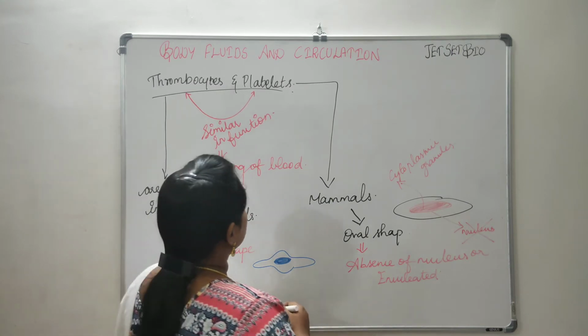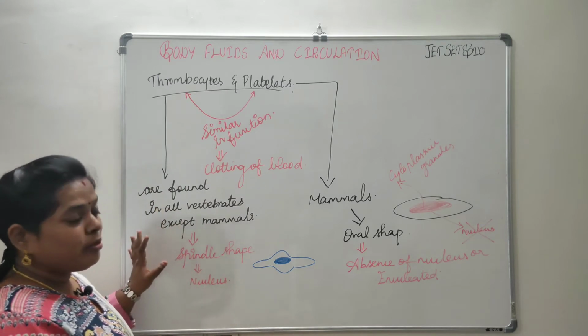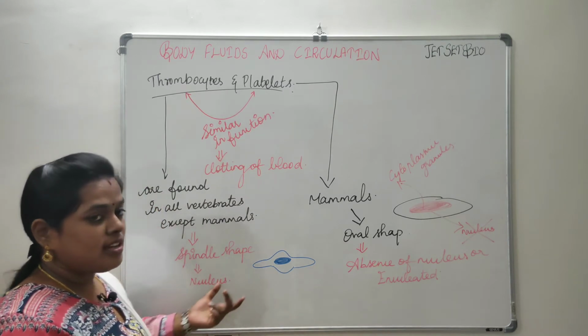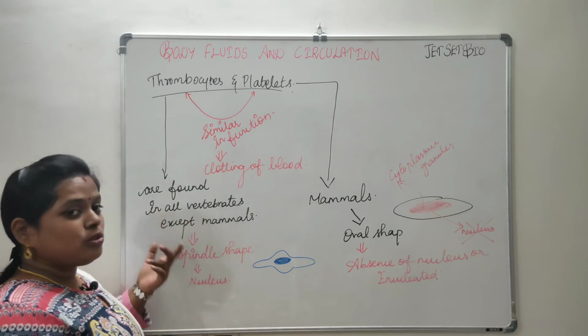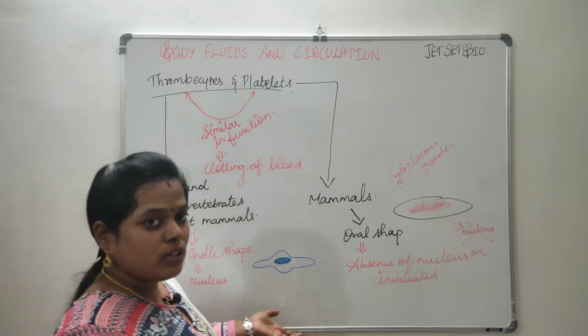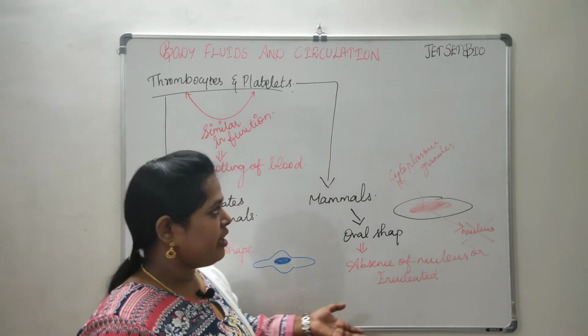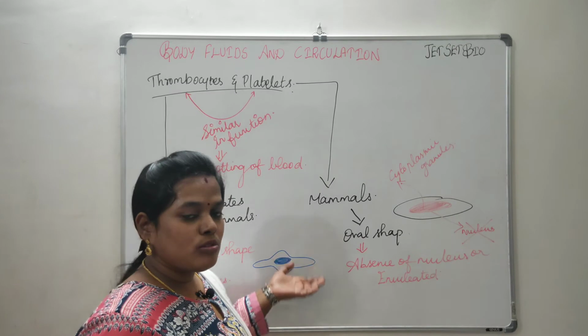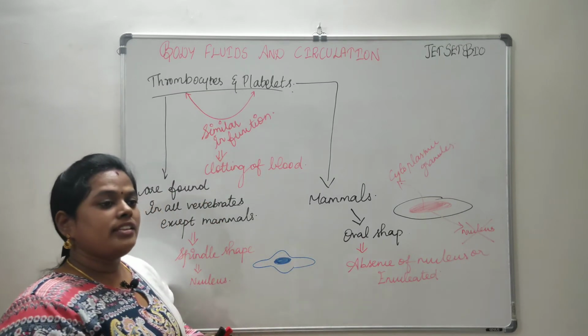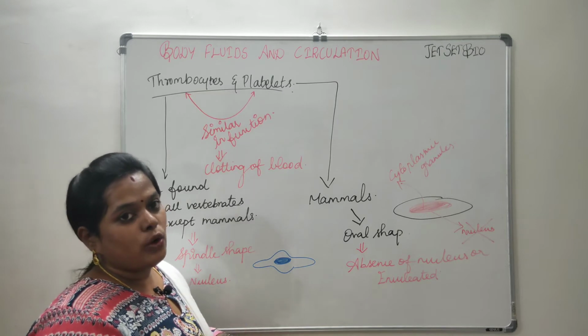A few more concepts you have to know about the platelets. When we talk about functions, the thrombocytes as well as the platelets both play a similar important role of clotting the blood during an injury. When the platelets or thrombocyte cells get damaged, they try to recover immediately by releasing some blood clotting factor.